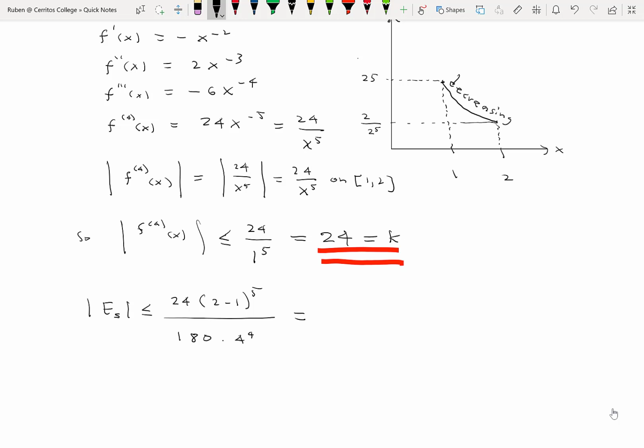And this number is 0.00052083, etc. Now notice what that's telling us. This is telling us that when we subtract the estimate from the true value and take the absolute value, there's agreement in the first three decimal places. So we have approximately 3 decimal places of accuracy.